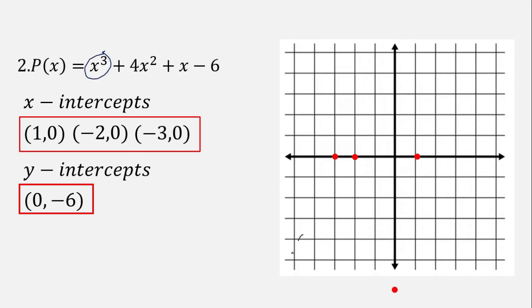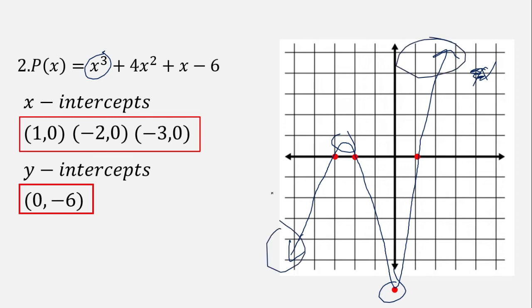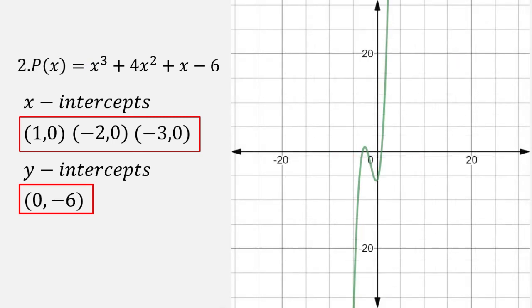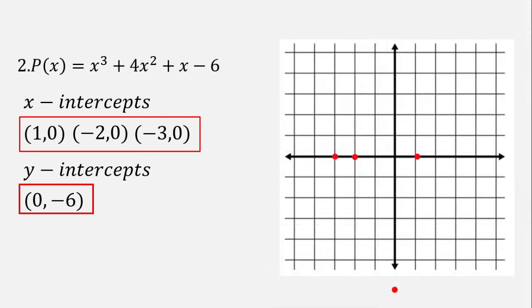This will fall to the left and rise to the right. Just connect the dots and that gives us a rough sketch of this. So again, it has two turning points and we have the right end behavior. Okay, so if we use Desmos or another graphing calculator, it will give us this graph.